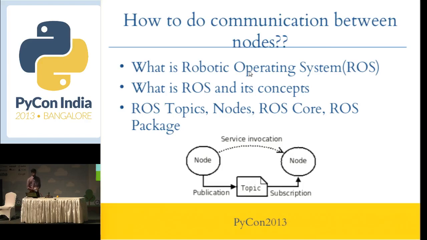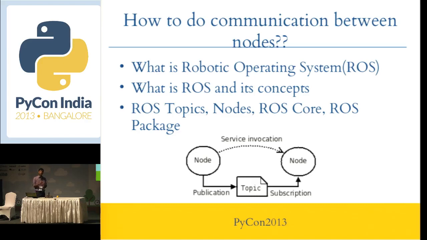Then next is ROS topics. ROS topics are just the messages. If I want to send some data from the image processing code to the Arduino code, I have to send some messages. We can use a ROS topic for sending the data.